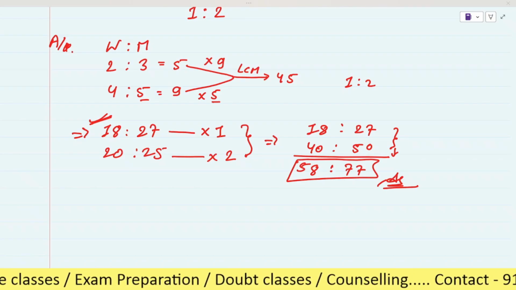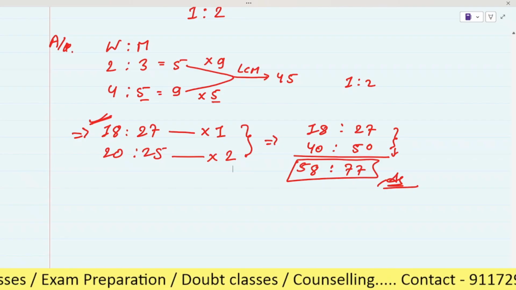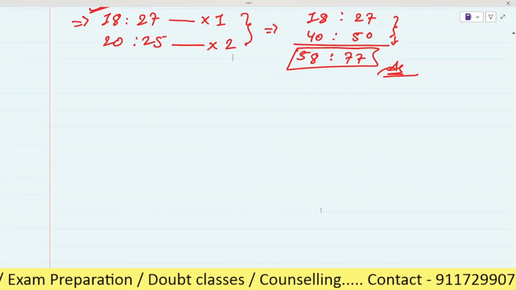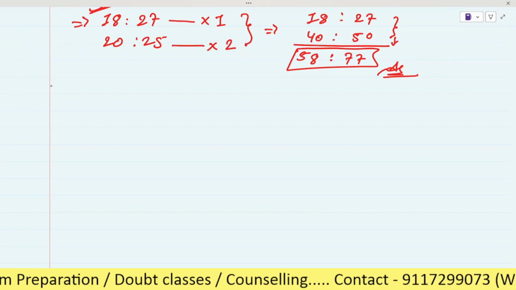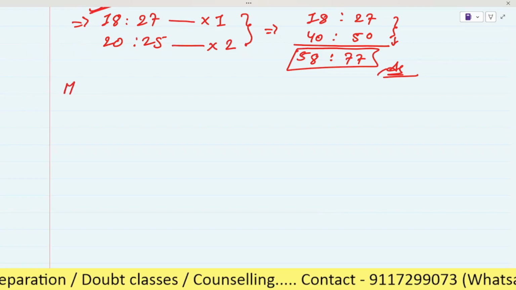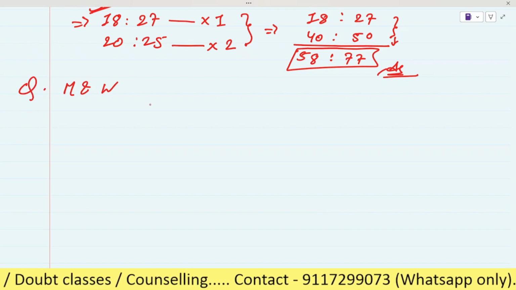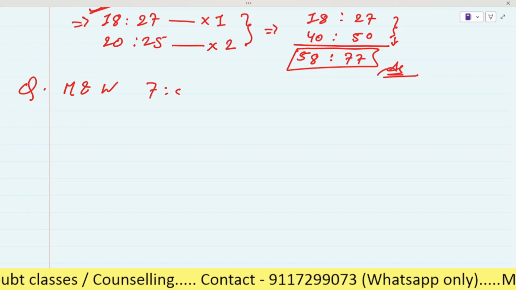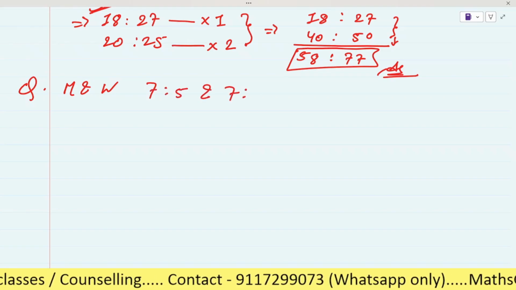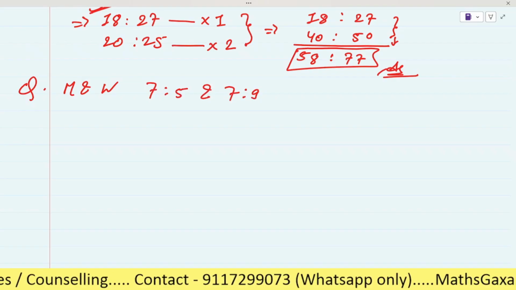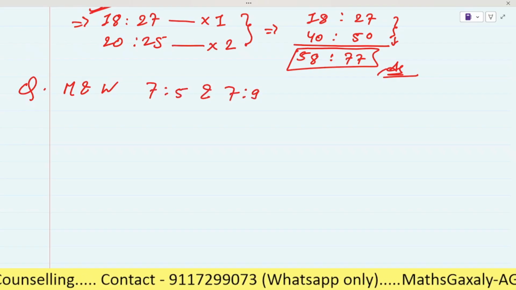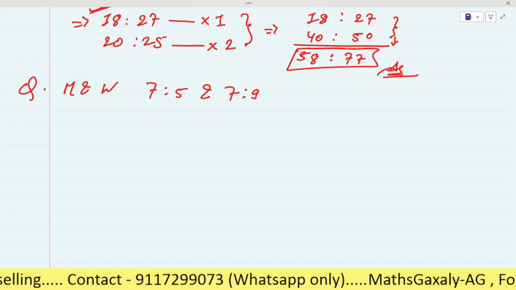Two vessels containing milk and water in the ratio 7 is to 5 and 7 is to 9.